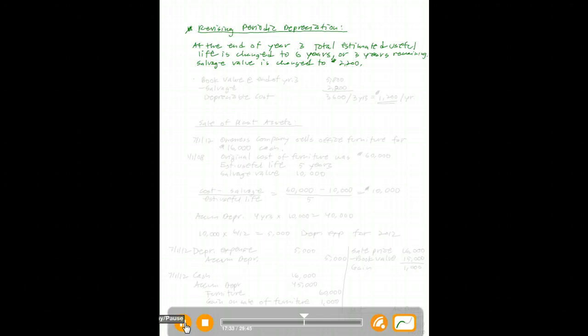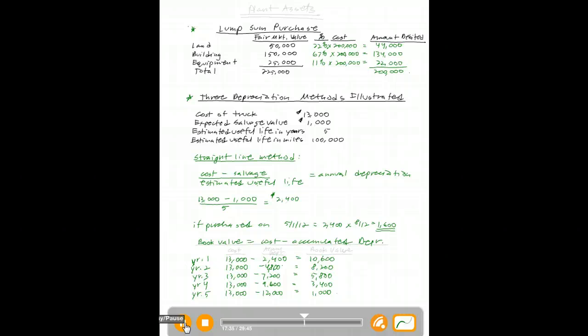So if you look at when we did our straight line method, at the end of year 3, our book value, I guess I should write this down. Our book value was 5,800.